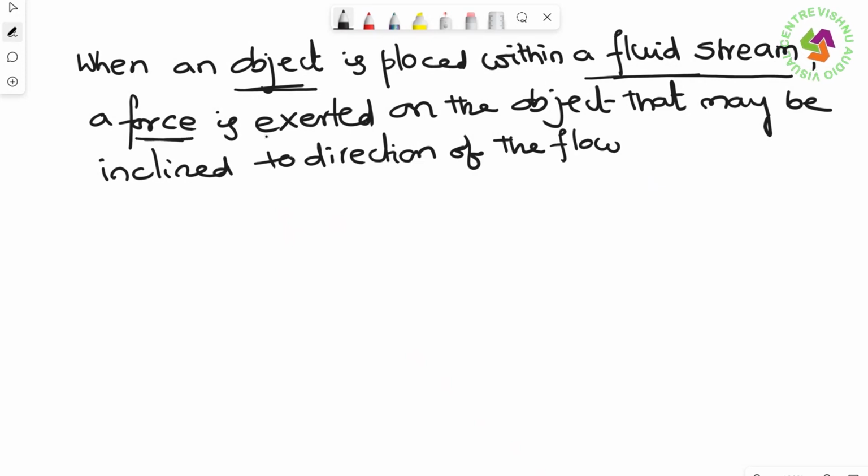A force is exerted, and that force is in the inclined direction.